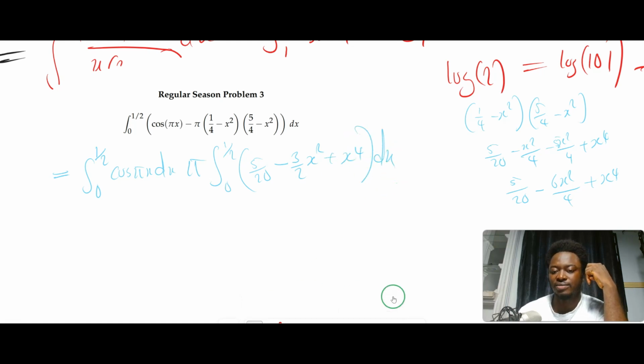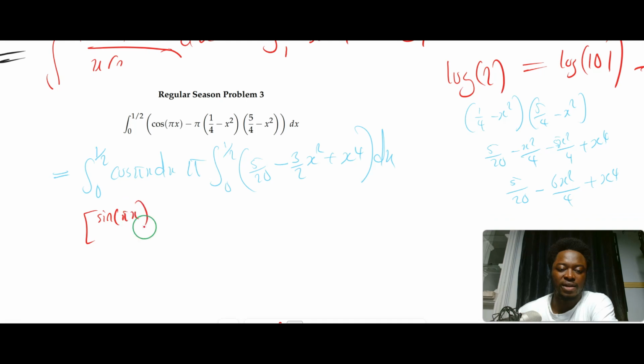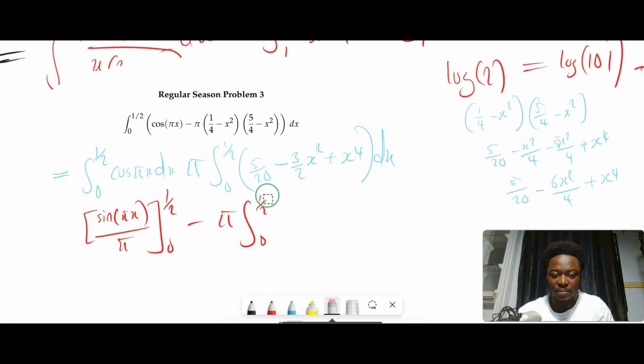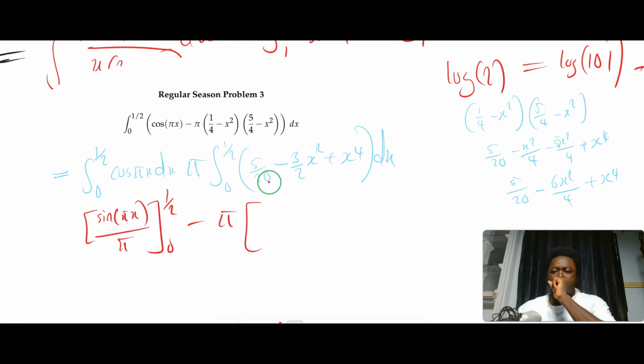So now it remains for us to compute this. The first integral equals sine of pi x divided by pi, computed from 0 to half, minus pi times the integral from 0 to half of the second expression. If you compute this one here, 5 over 20 is essentially going to be 1 over 4, right?